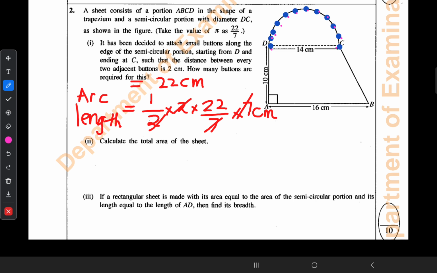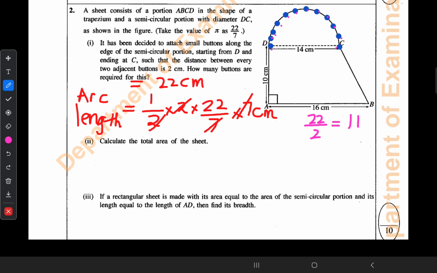Most of the students just divided 22 by 2. When you divide 22 by 2, that will give you 11 buttons. 22 is the total length, and the distance between two adjacent buttons is 2 centimeters. But when you do that practically, there are 12 buttons.